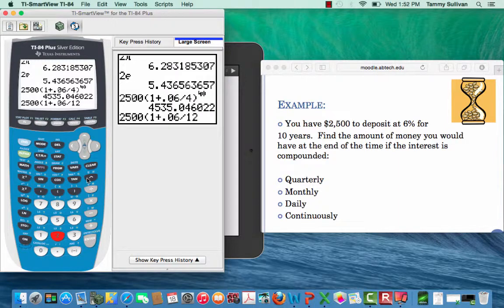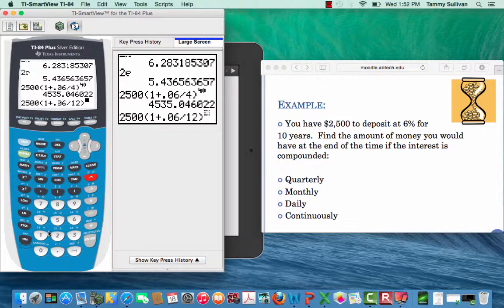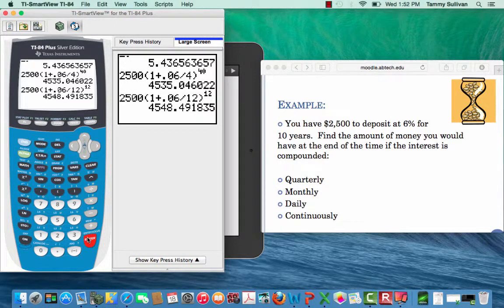And then you're going to raise it to the 10 years times 12, so that's going to be 120. So for the monthly, I've got $4,548.49. So you can see it's a little bit more.